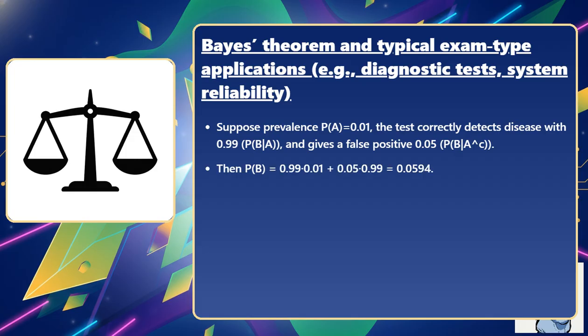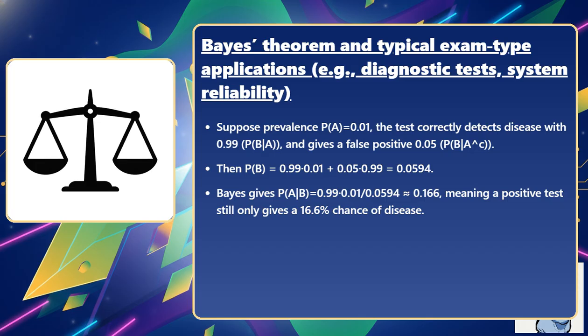Then P(B) equals 0.99 times 0.01 plus 0.05 times 0.99 equals 0.0594. Bayes gives P(A given B) equals 0.99 times 0.01 divided by 0.0594, approximately 0.166, meaning a positive test still only gives a 16.6% chance of disease.